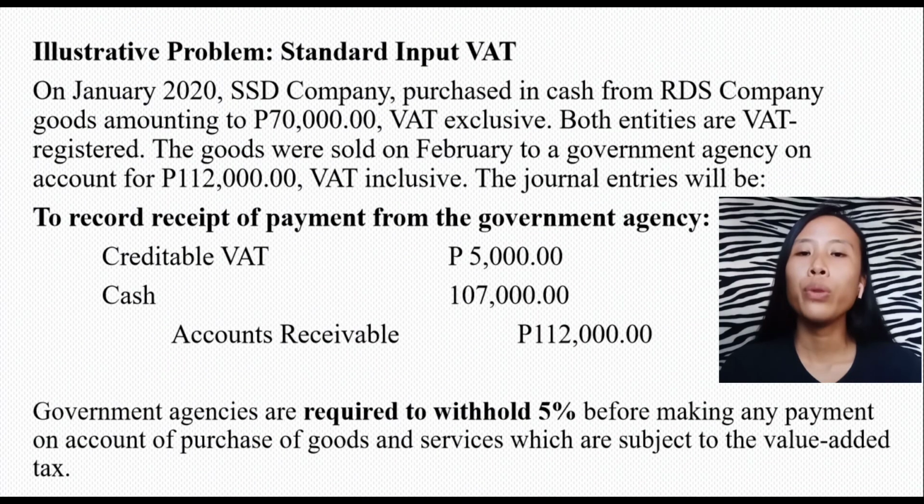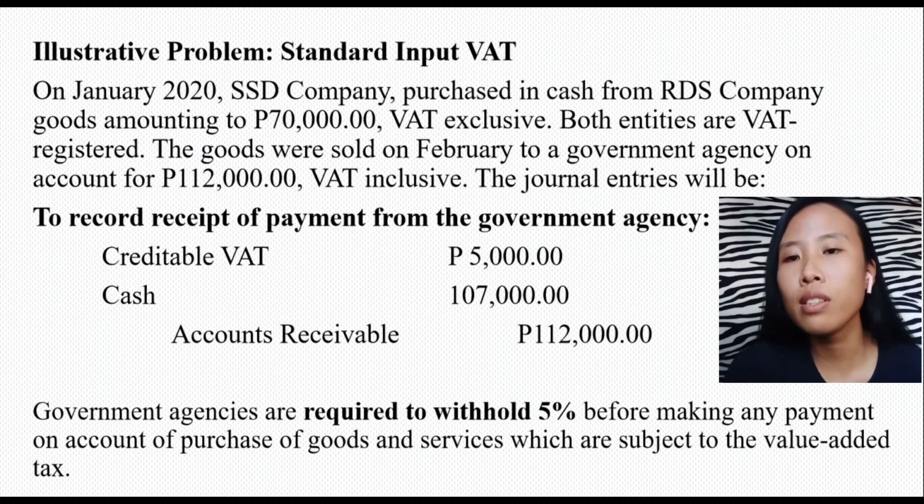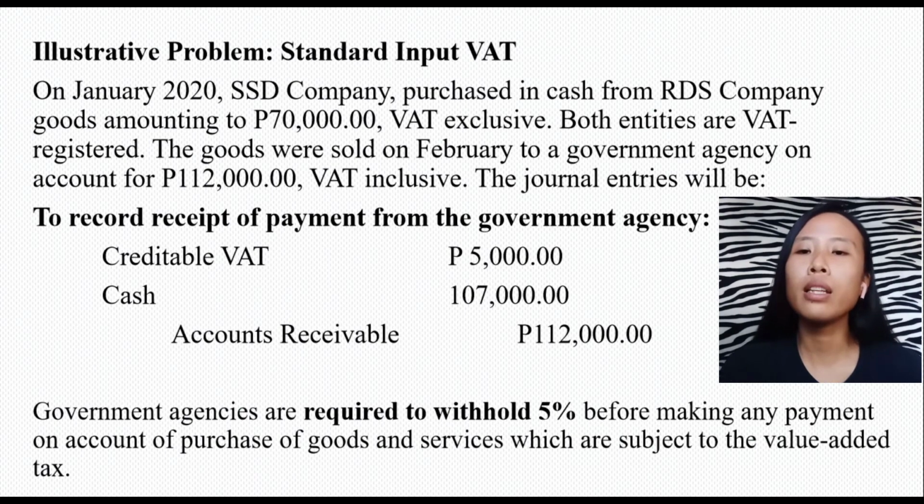And then to record the receipt of payment from the government agency, debit creditable VAT 5,000, and then cash is also debited 107,000, and then accounts receivable is credited 112,000.